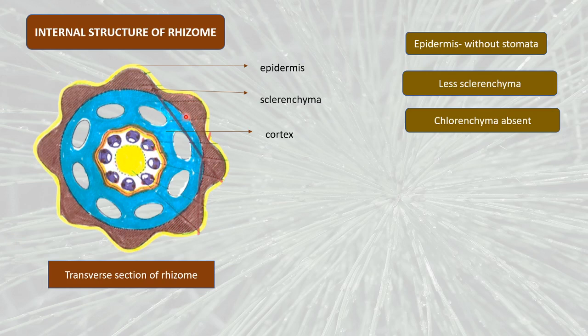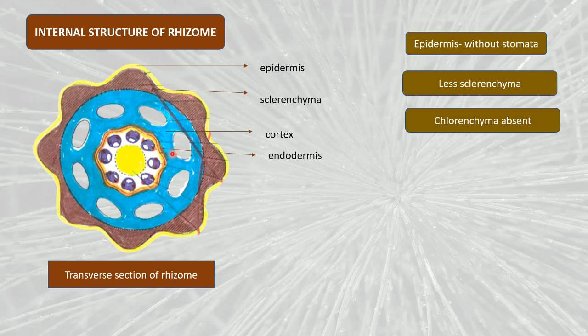Rhizome has nothing to do with photosynthesis, and therefore chlorenchyma is absent here, right? So chlorenchyma is absent, and there is very less sclerenchyma present, right? Sclerenchyma is present, but it is less present since it is rhizome. So it has not to stand like an aerial shoot, right? Therefore less sclerenchyma is present.